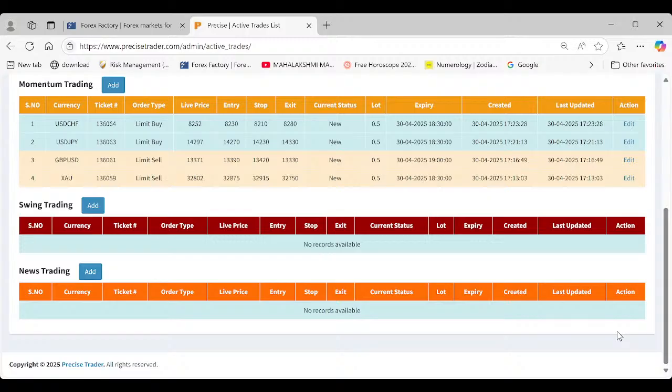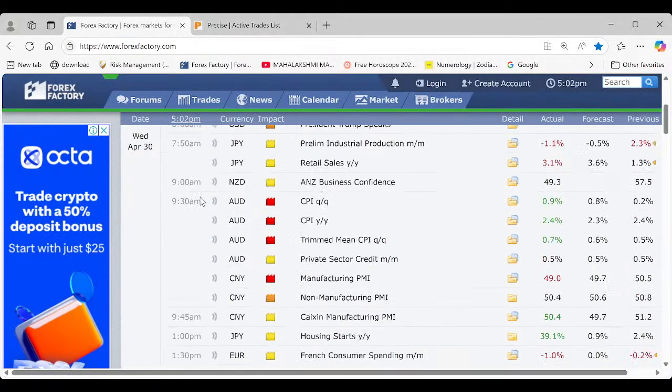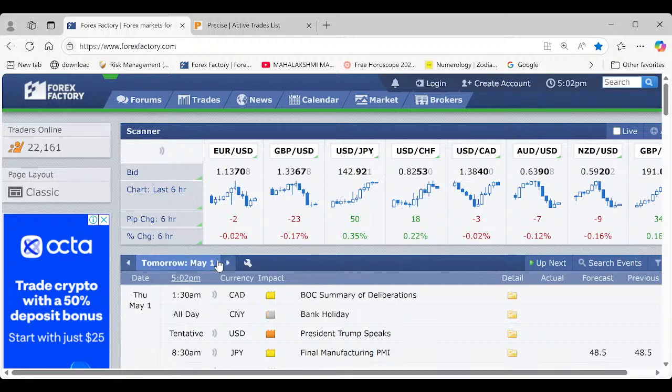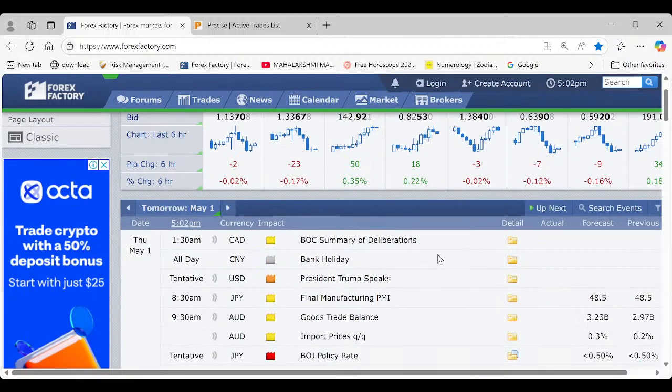On that session, we might spend more time because tomorrow is Labor Day and May Day. I think a lot of markets are on leave. The US will be on because the US has no May Day.